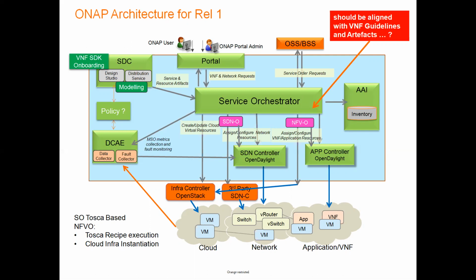And here the components NFVO and SDNO are coming from ECOMP and OpenO. And at the end, whether we take option 1, option 2, or the NFVO or VFC or ZFC, we should answer the same requirement for the use case. It's not two different solutions. The same requirement should be handled by option 1 or option 2.